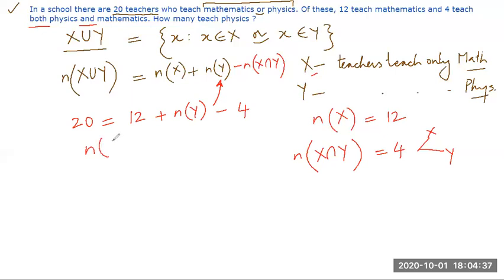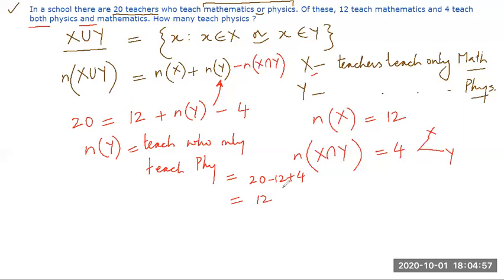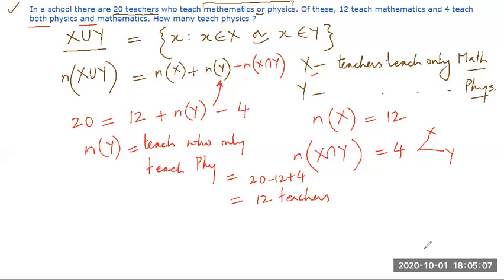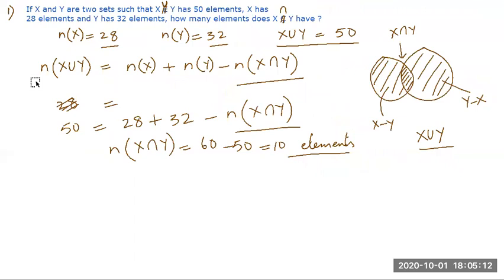So this will give us n of Y. That means teachers who teach only physics would be equal to 20 minus 12 plus 4, so 24 minus 12, that is 12 teachers. Am I right? But I forgot to mention one more thing here. This sum can also be done by some other method. One second.